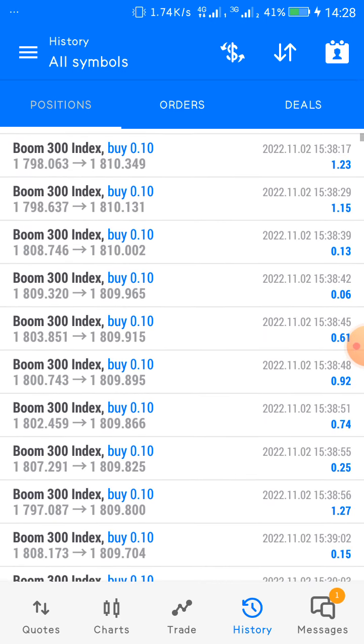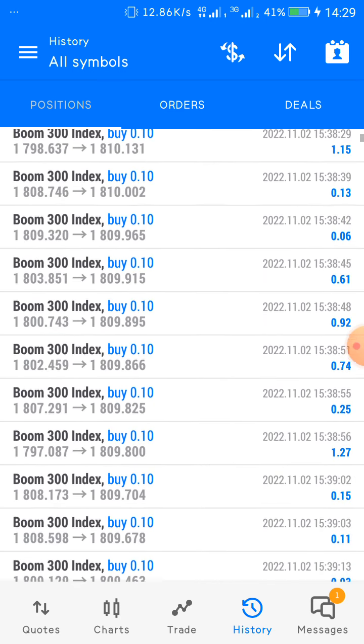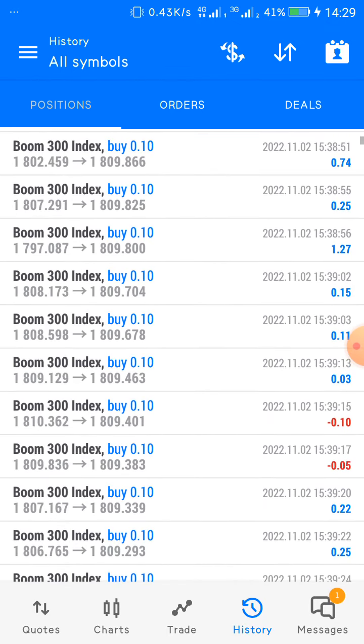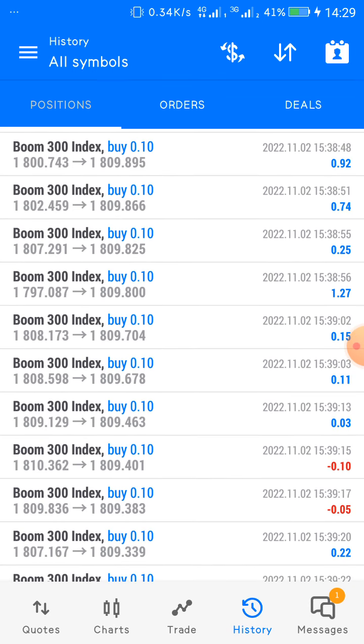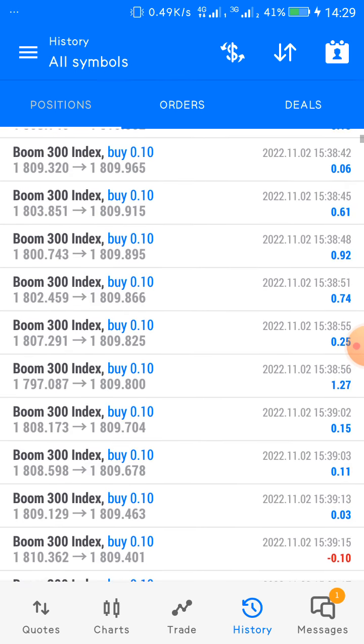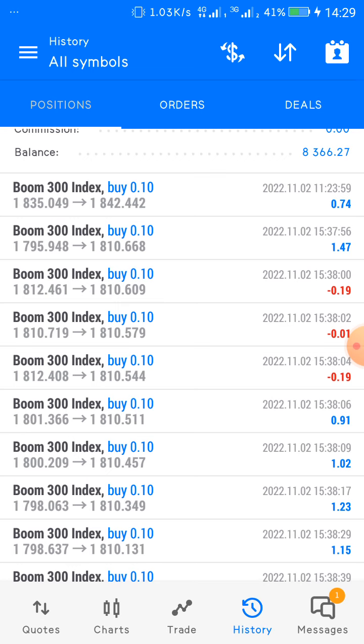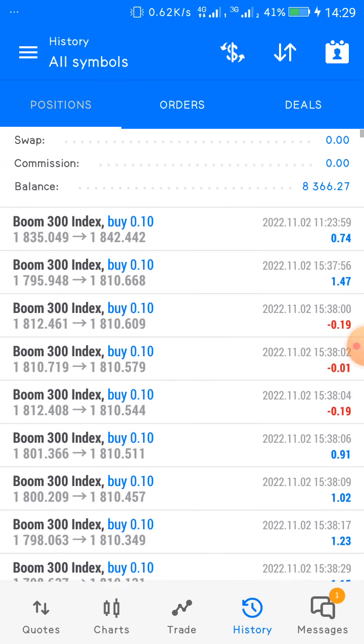So peradventure we don't get more than enough spikes to close all the trades in profit, and then the indicator gives a signal that I'm supposed to exit the market. Then I exit the market, and every single time I exit the market, the trades that would have been closed in profit outweigh the trades that would have been closed with red.